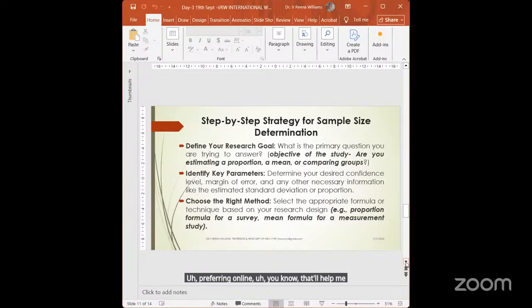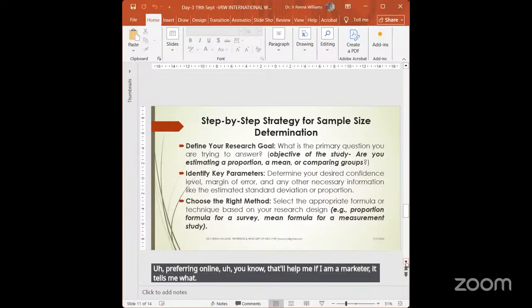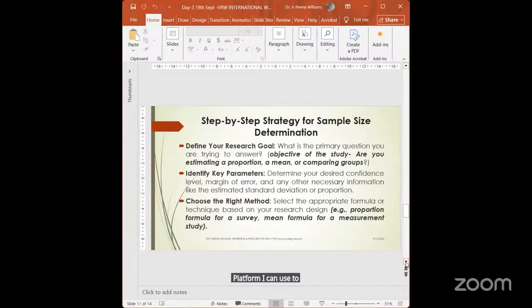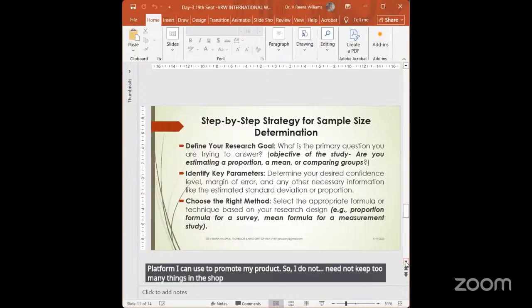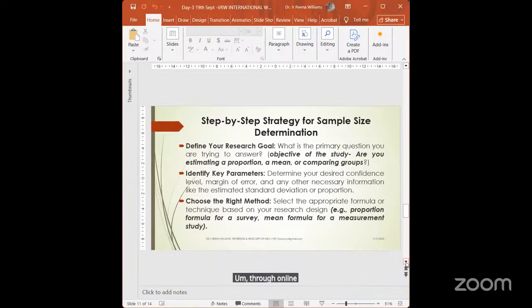If I am a marketer, that tells me what platform I can use to promote my product, so I need not keep too many things in the shop. I can start doing push marketing through online platforms, using digital media to help me do that. So, define your research goal. What is your research goal?